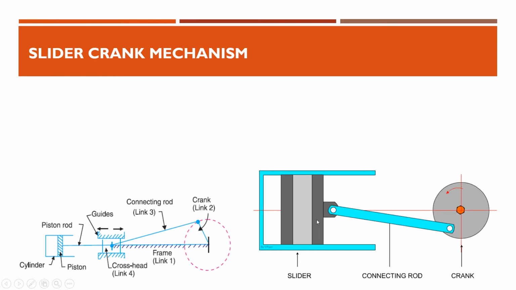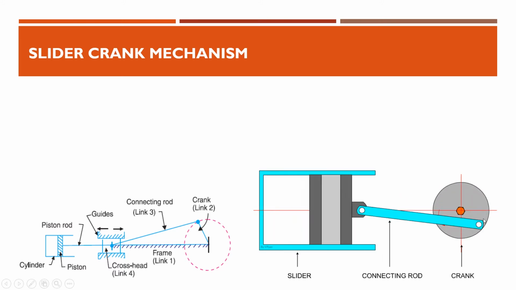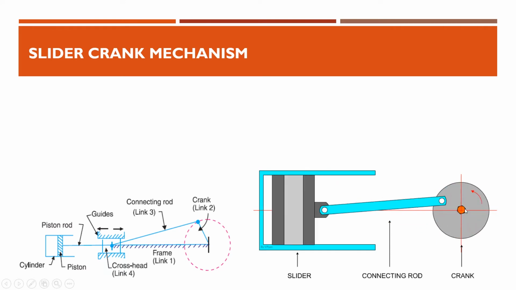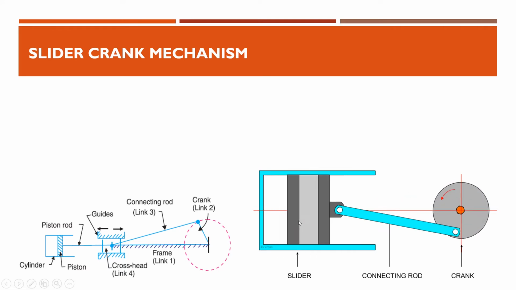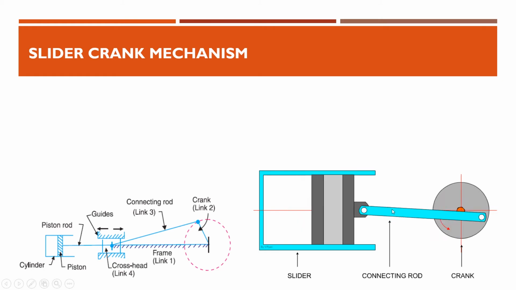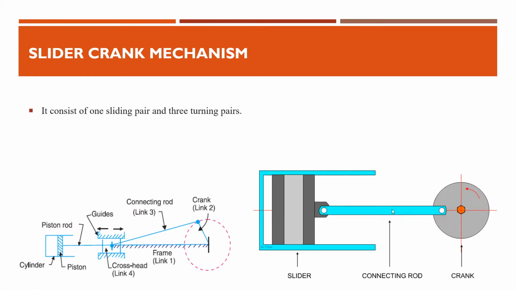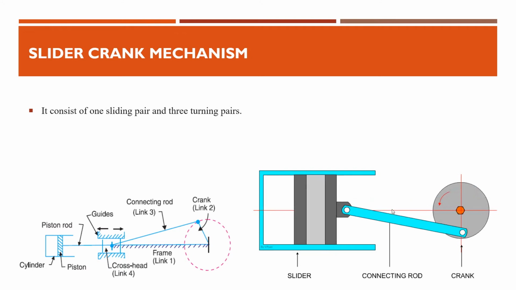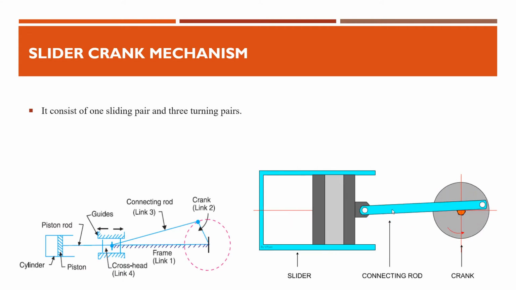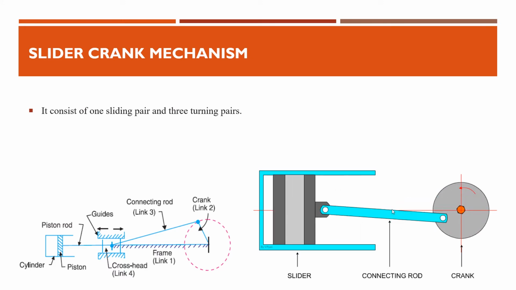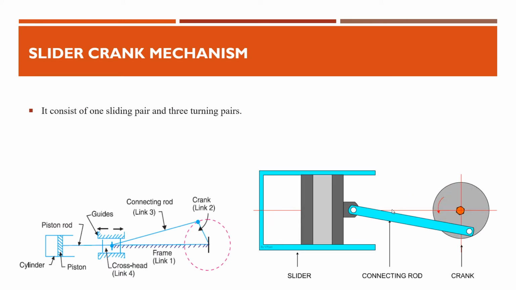The piston is a moving pair, a reciprocating pair. The crank is a revolving pair, the crank is rotating, and the crank and the piston are connected by means of a connecting rod. If you look at this figure or the animation, you can see that in a slider crank mechanism there is one sliding pair and all the others are turning pairs.